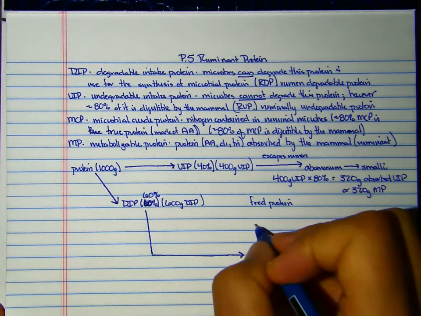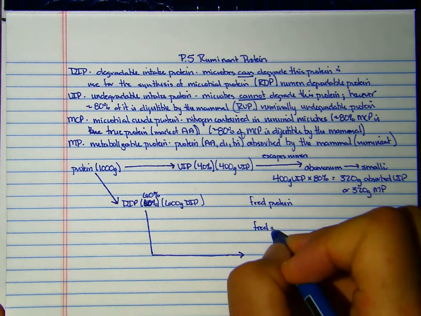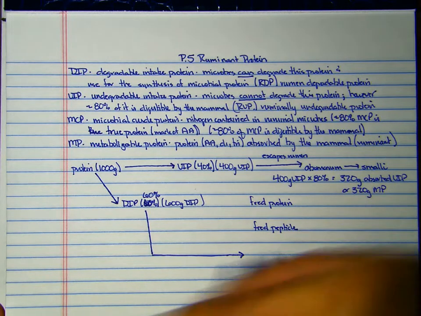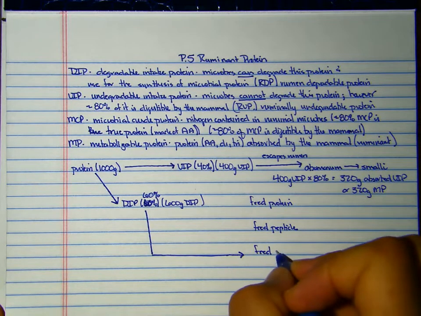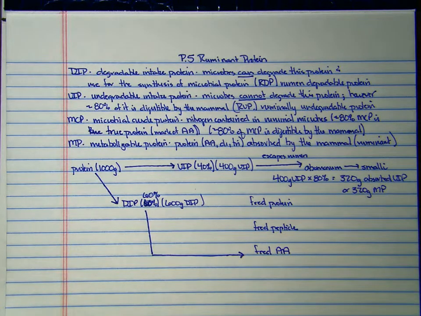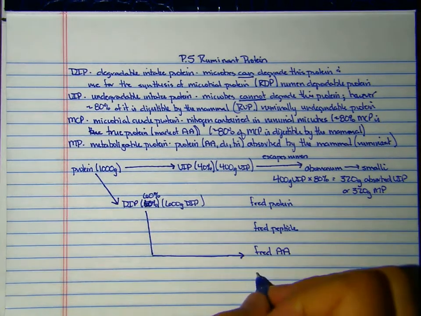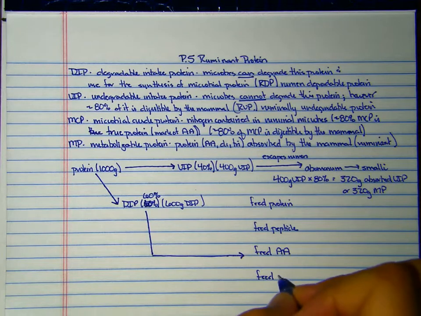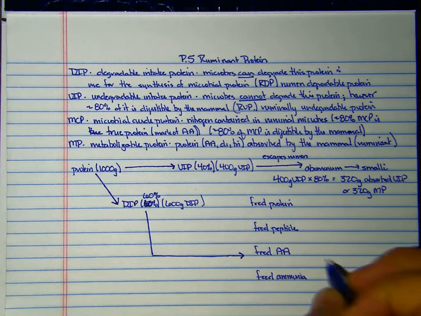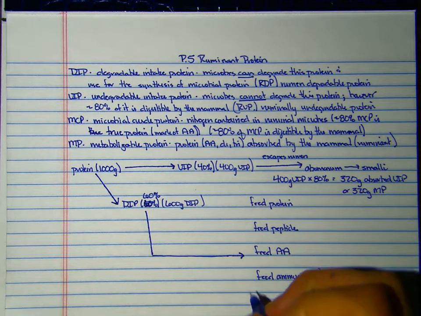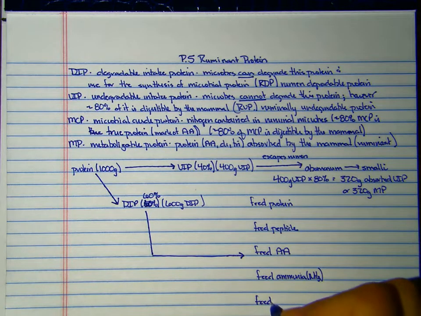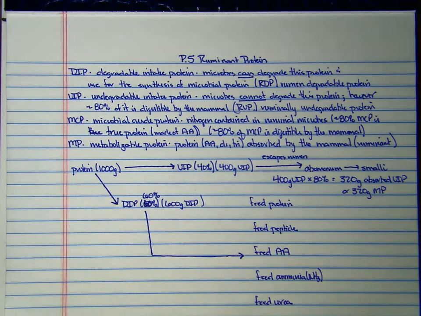You could also feed them a feed peptide. And you could feed them just a purified amino acid, or some source of amino acid. We could also have feed ammonia. And we could have feed urea. I can go to the store and buy a bag of urea and feed that to my cow.